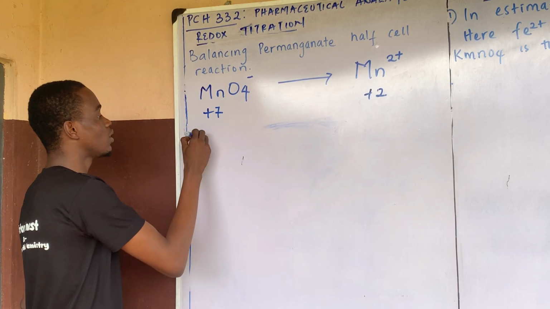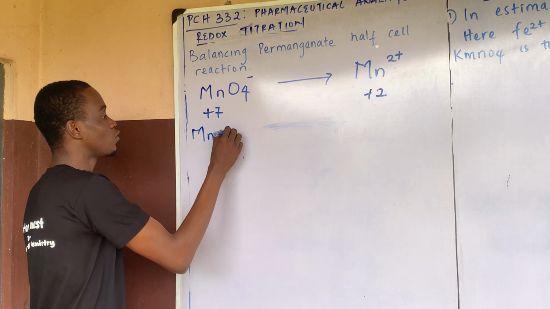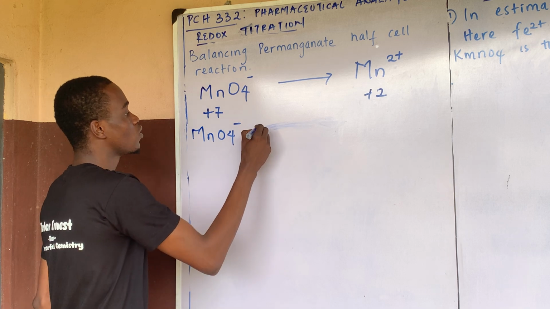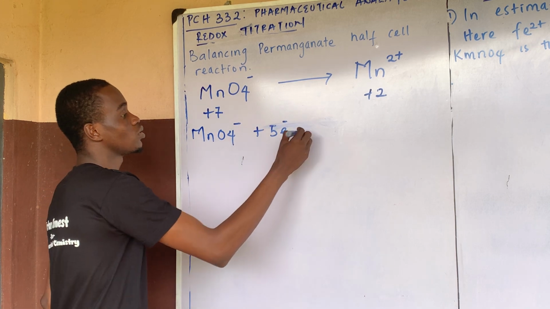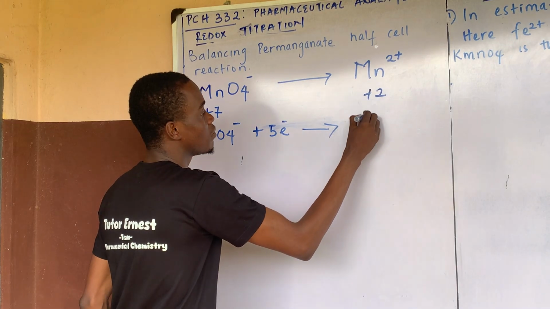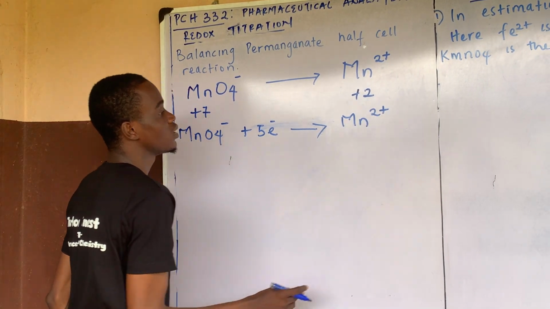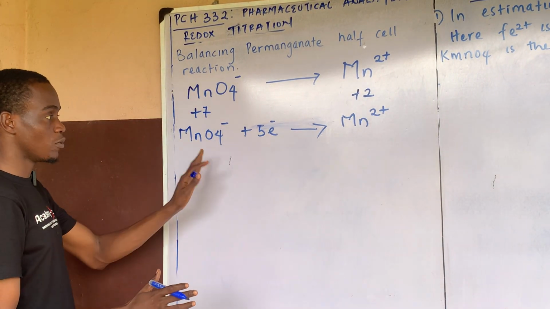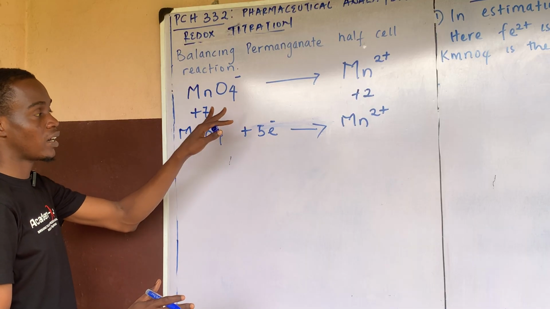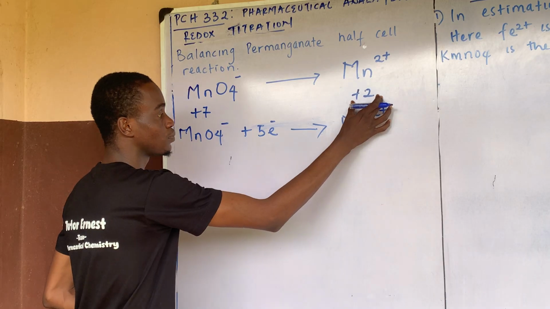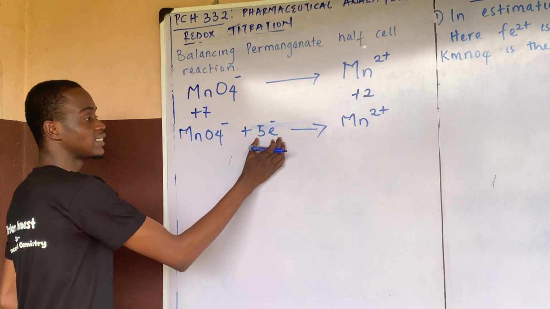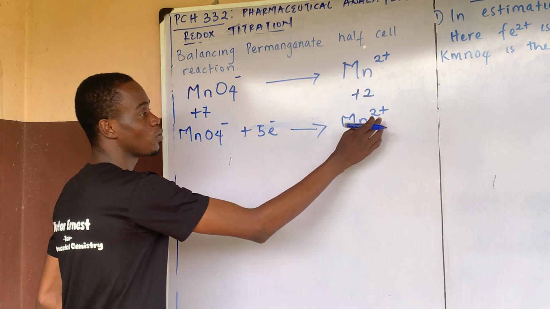So we'll say MnO4 minus plus 5 electrons, accepted 5 electrons, to become Mn2 plus. This is balanced in terms of permanganate, because from +7 it changes to +2, which shows it accepted 5 electrons to get to +2.